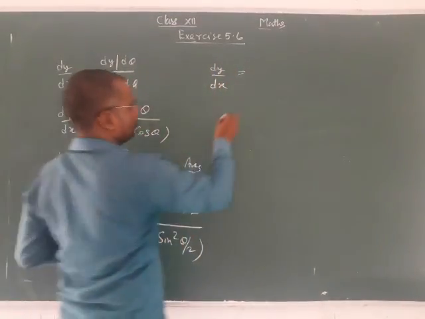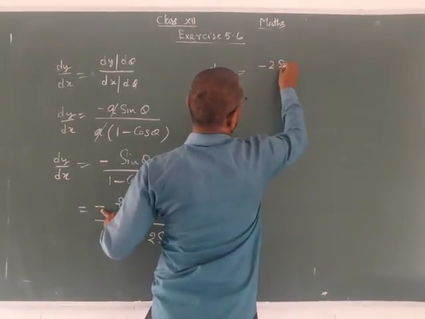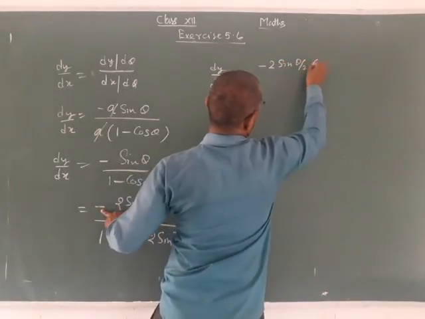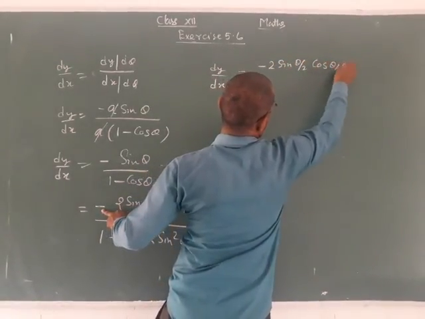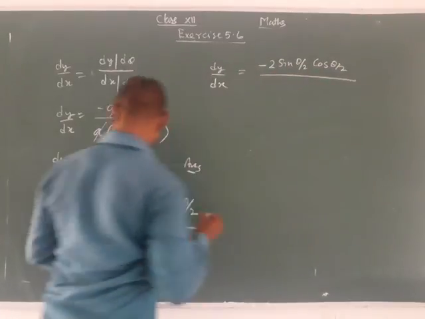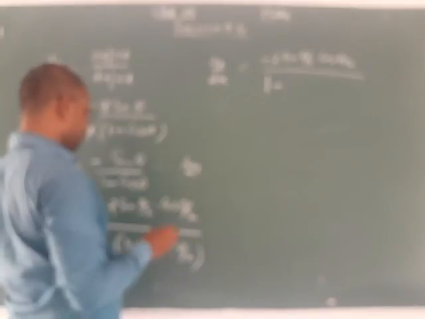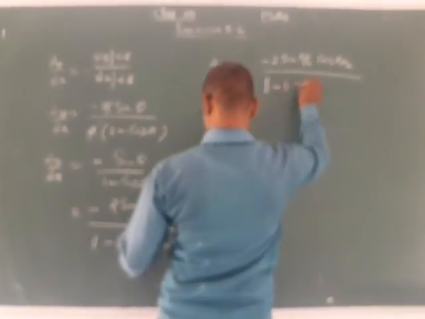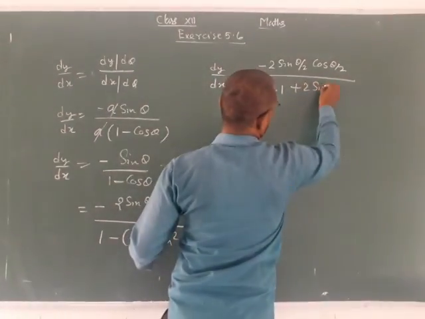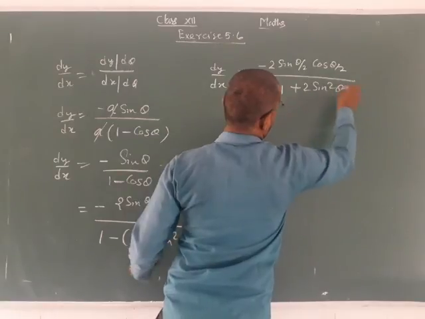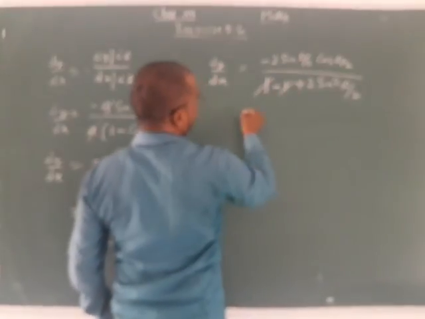So now minus 2 sin theta by 2 into cos theta by 2 upon 2 sin square theta by 2. So 2 cancels out, and one sin cancels out.